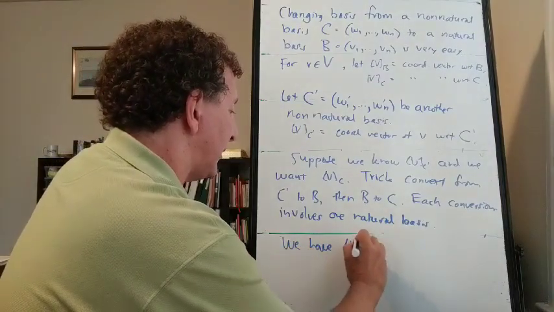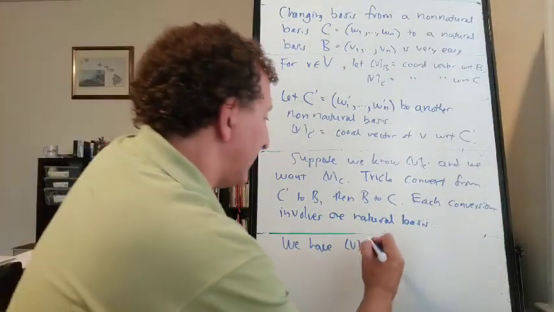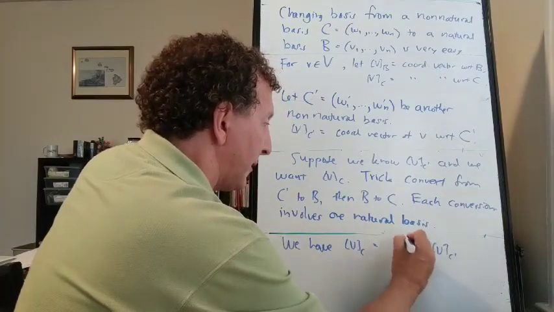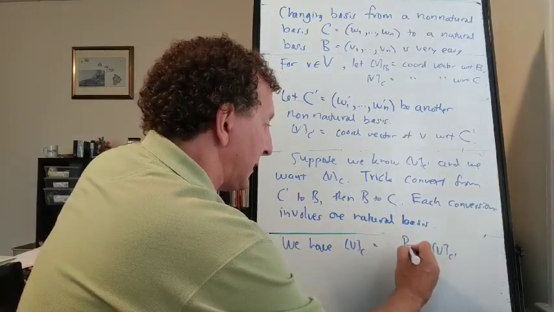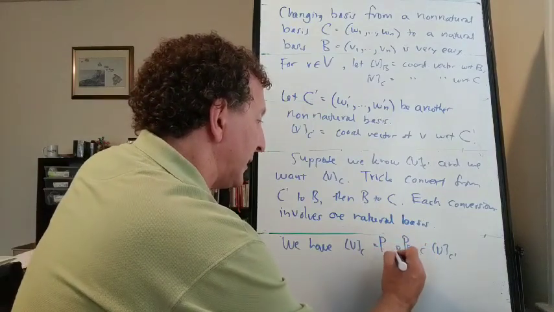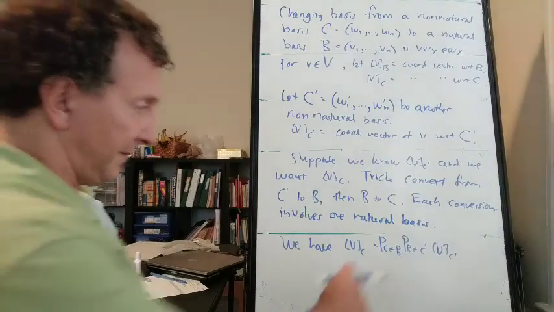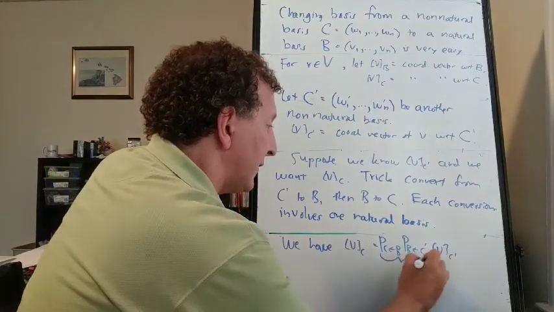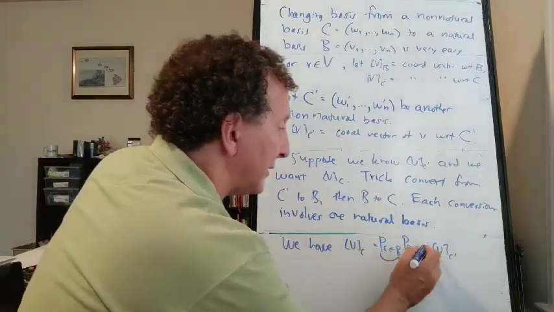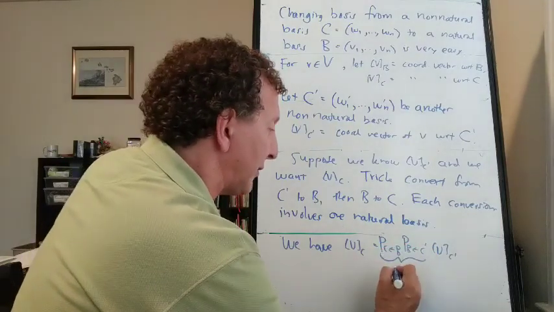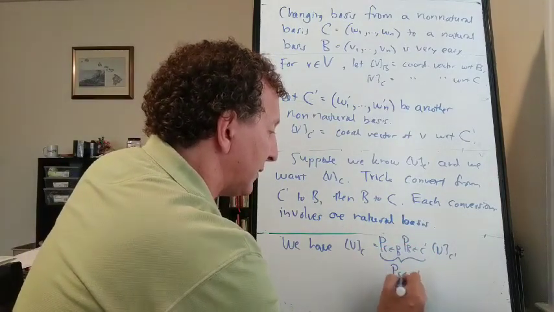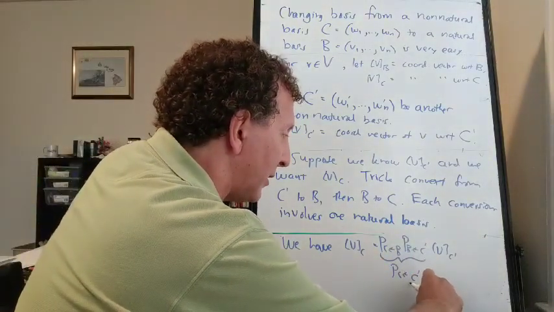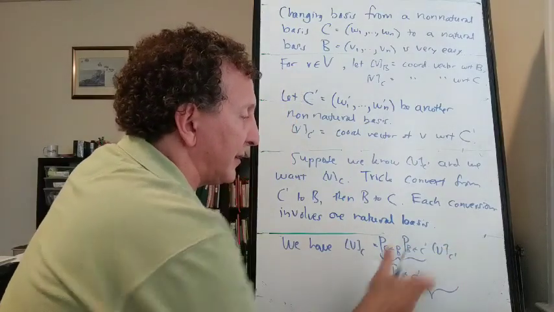In particular, we have the coordinate vector with respect to C is, so we're starting with the coordinate vector with respect to C prime, and then we convert from C prime to B, and then we convert from B to C. Each one of these matrices we can find. So converting from C prime to B and then B to C is the same as converting from C prime to C. And if you think about it, we can also look at this second product.